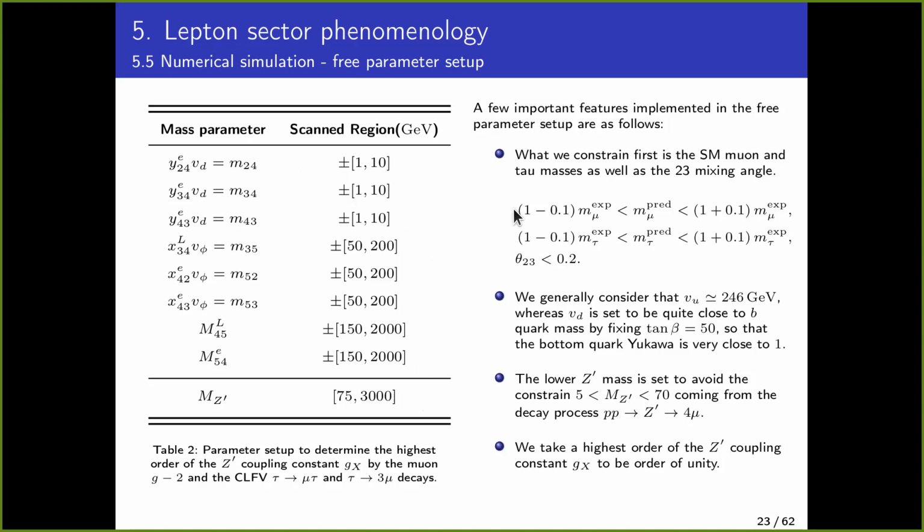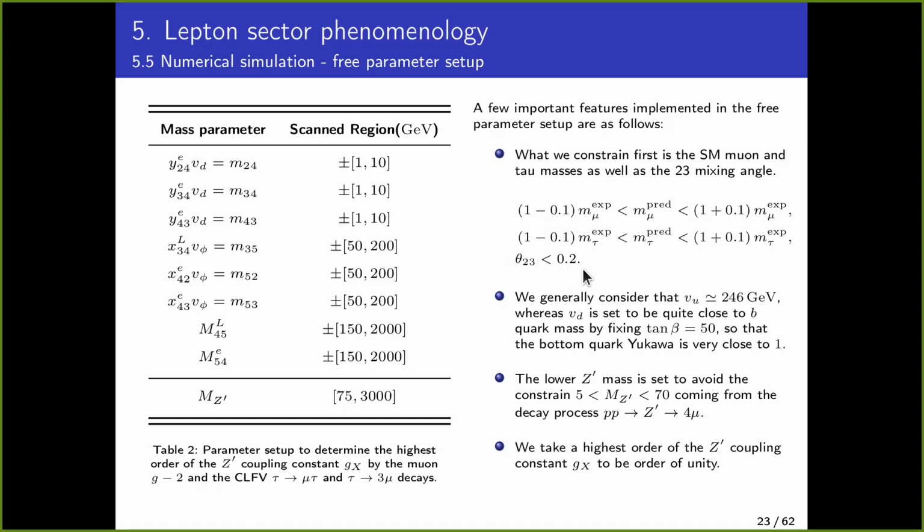And here what we constrain first is the standard model muon and tau masses, as well as the 2-3 mixing angle. So in our model, our predicted muon mass should be located between 1 minus 0.1 times the experimental muon mass and 1 plus 0.1 times the experimental muon mass. Similarly, we implemented the same constraint on the tau mass, and we considered this 2-3 mixing angle, which should be less than 0.2.